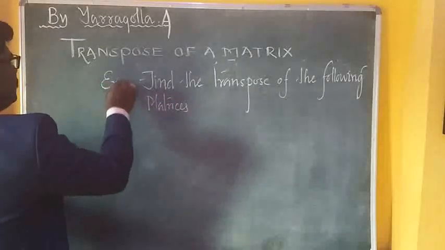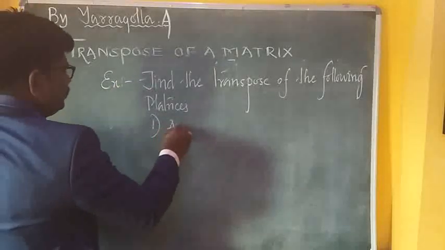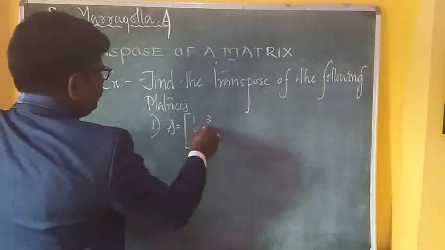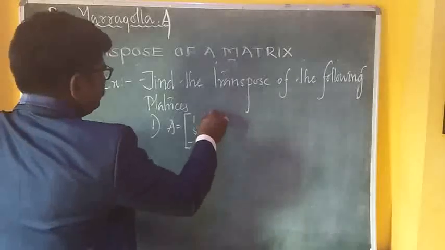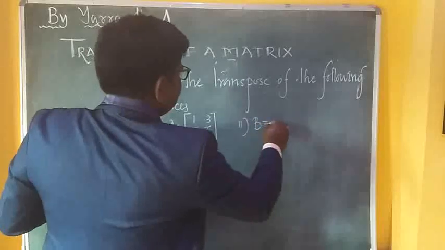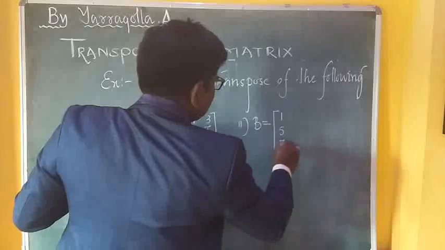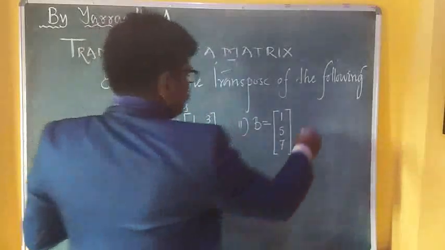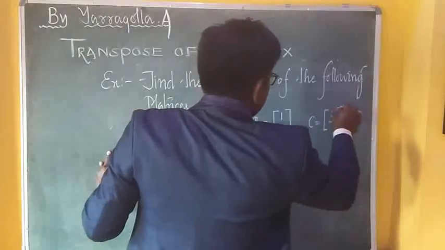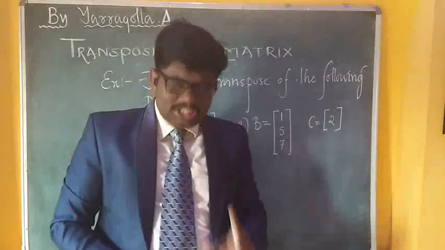The first one is A equals 1, 3, 5, 7, minus 1, 9. B equals 1, 5, 7. C equals 2. These are the matrices that you have to transpose.